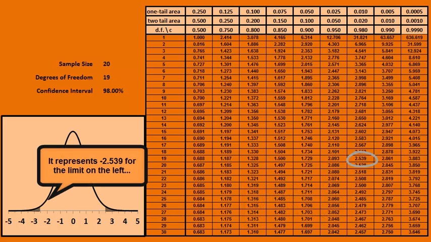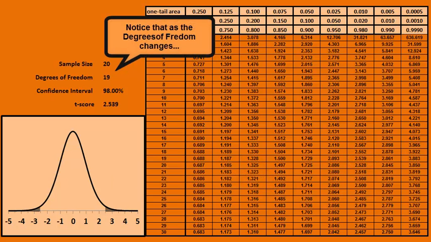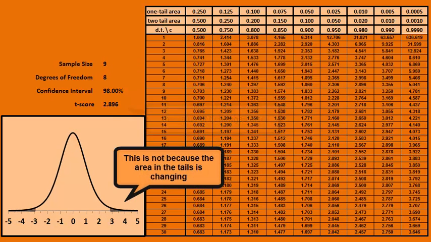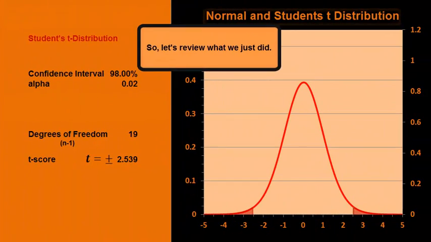It represents minus 2.539 for the limit on the left and 2.539 for the limit on the right. Notice that as the degrees of freedom changes, the value of t changes also. This is not because the area in the tails is changing, it is because the shape of the student's t distribution is changing.